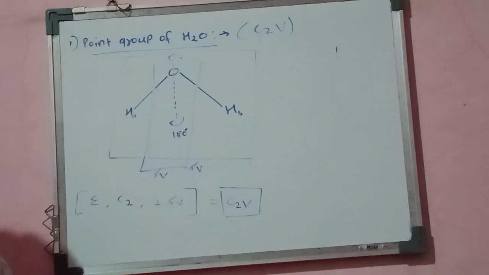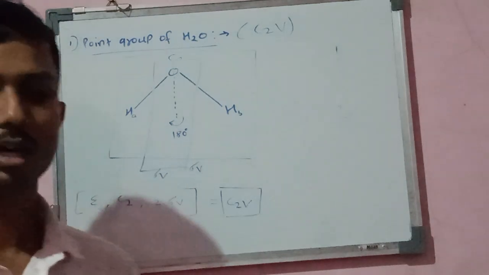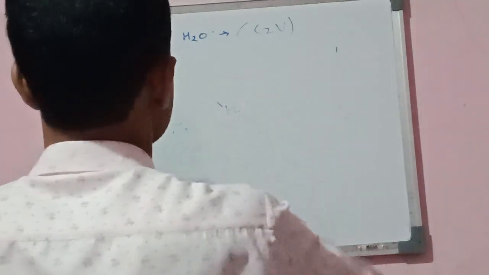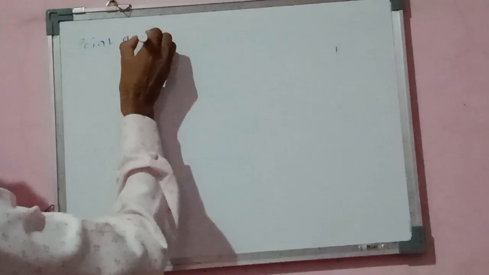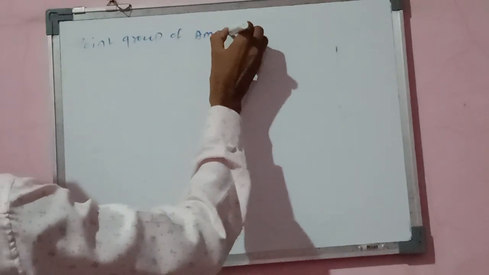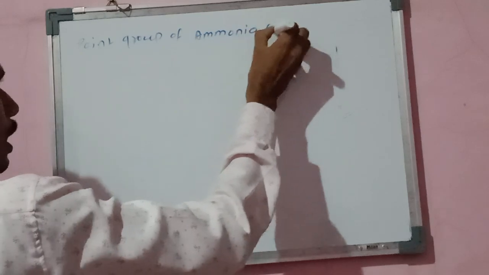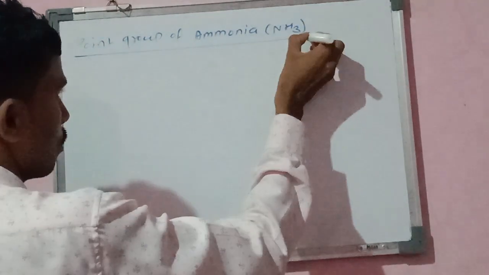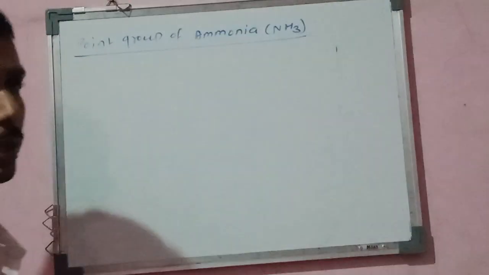Okay, then we will discuss the point group of another molecule, that is ammonia. Next molecule, point group of ammonia, NH3.